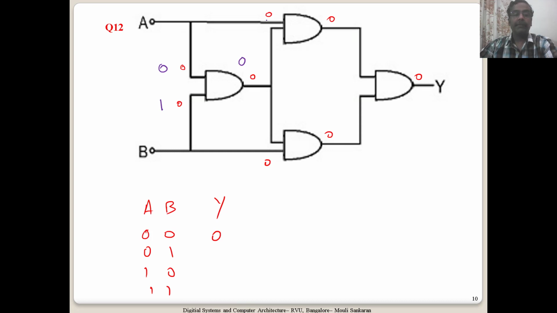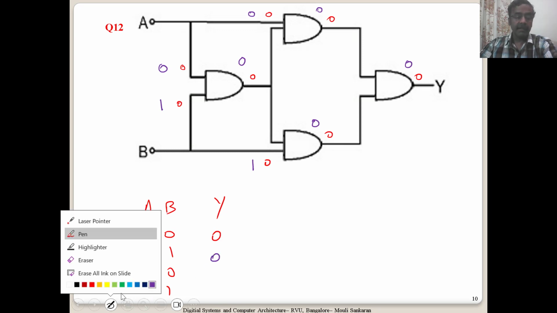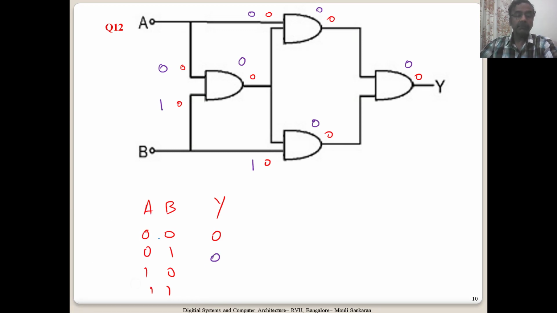Now let me write it up behind this so that now you have the values. This is going to be 0. Now you are giving a 0 here. This is going to be 0. Okay. And 1 is coming here. But 0 is here anyway. So this is going to be 0 and it is 0. So fine. Now let me change again the color. A is 1.